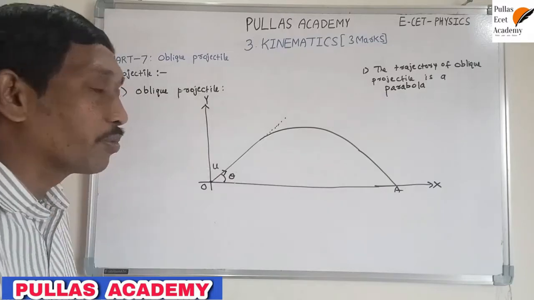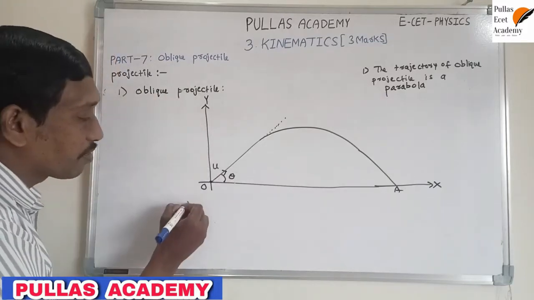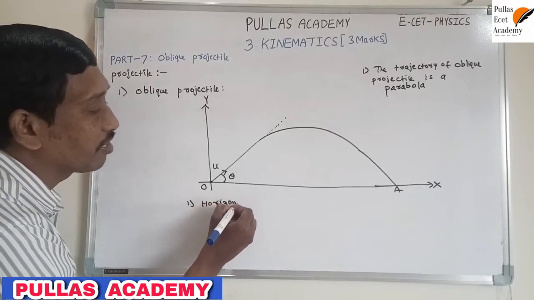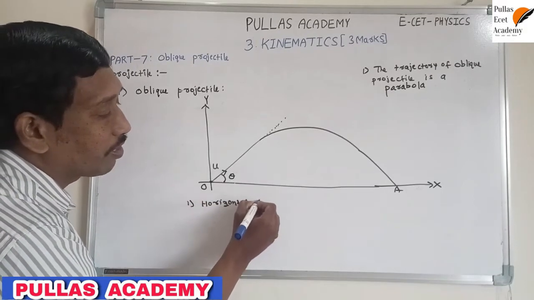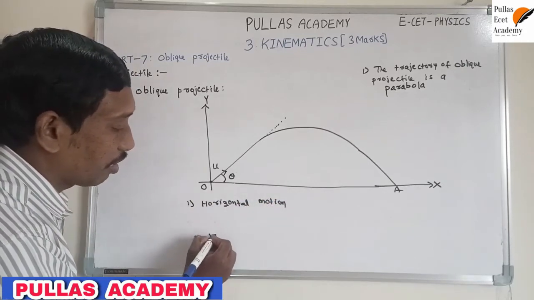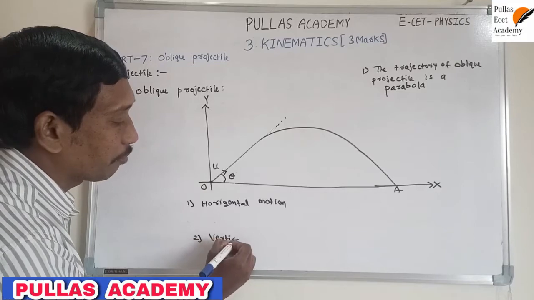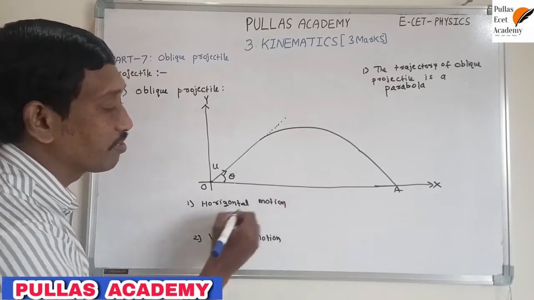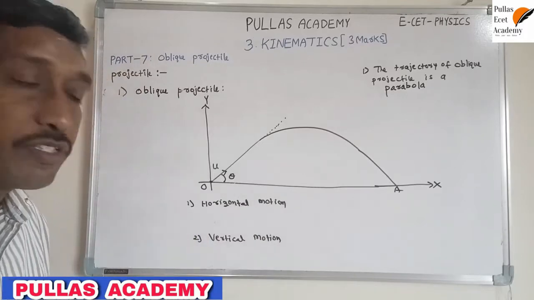We will discuss two types. So this oblique projectile motion is divided into two parts. One is horizontal motion, second one is vertical motion. The important point for horizontal motion is that along the horizontal direction its motion is uniform.